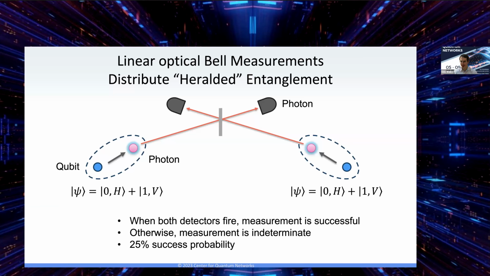But once we have succeeded, these qubits are entangled, and then we can store that entanglement because we have a quantum memory and then wait to use it when we need it. And so even though this only succeeds 25% of the time, so it does reduce the rate at which we can generate the entanglement, once we generate them, we still have that shared resource.